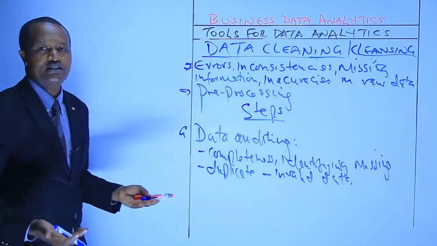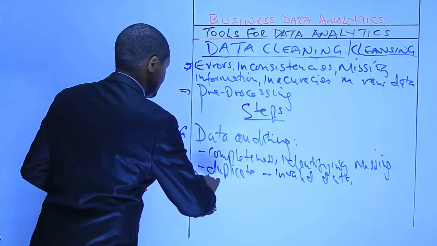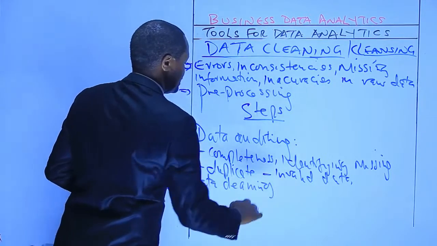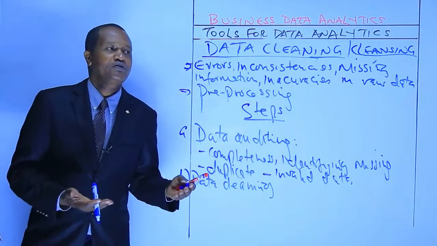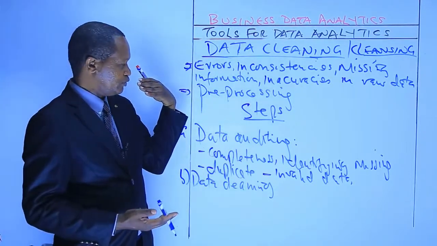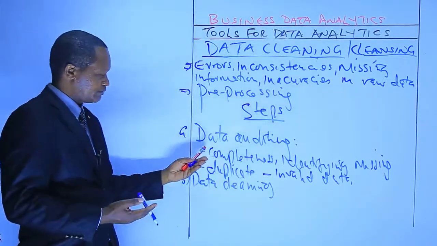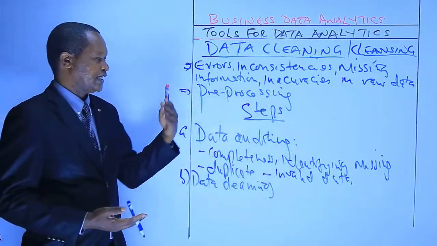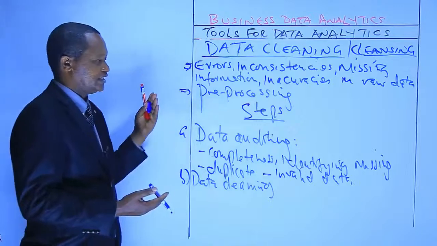That's data auditing. Then there is data cleaning. Cleaning data, candidates, involves correcting errors. It may involve removing duplicates. Of course, here remember it is identifying if there is any duplicate, identifying if the data is incomplete, identifying if the data is invalid.